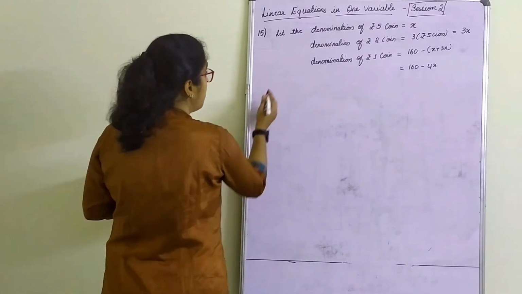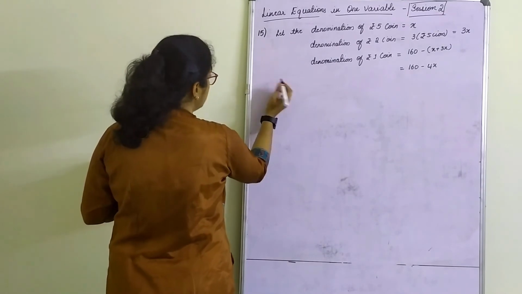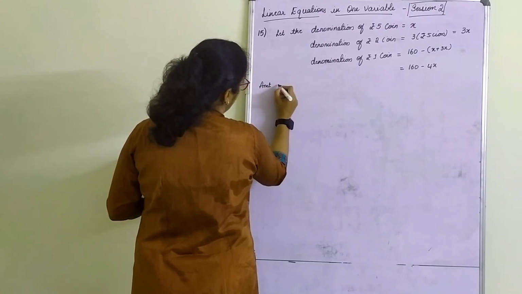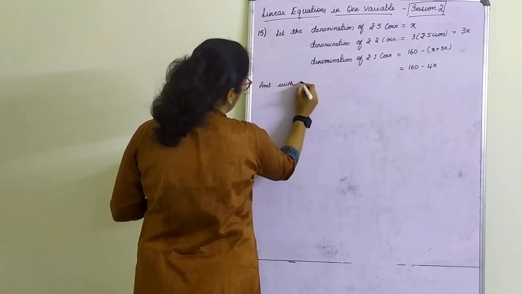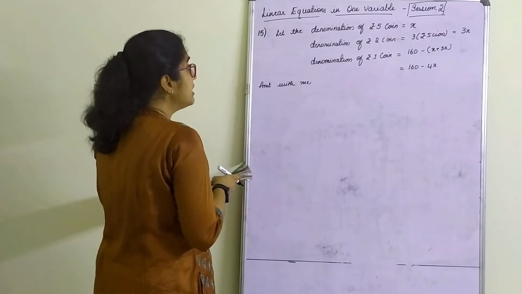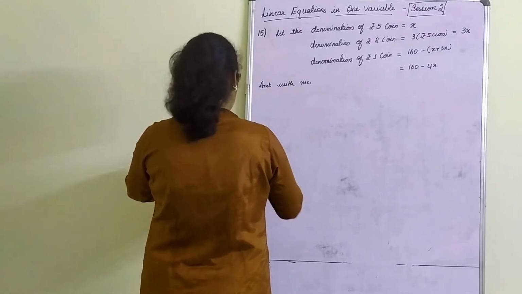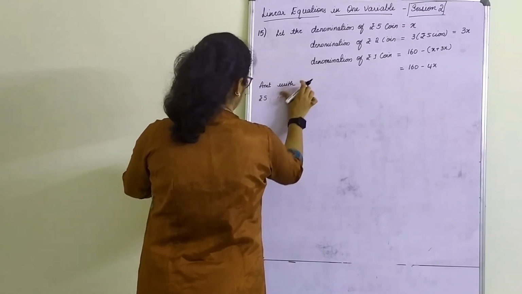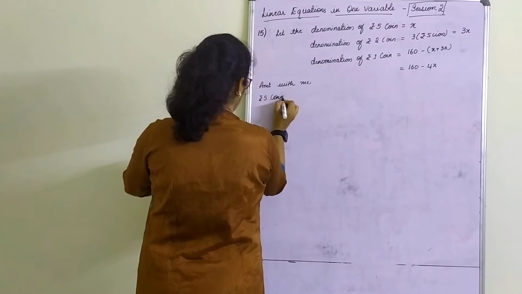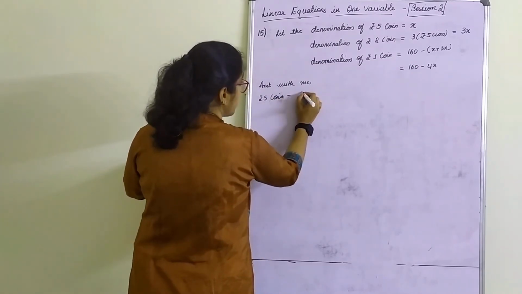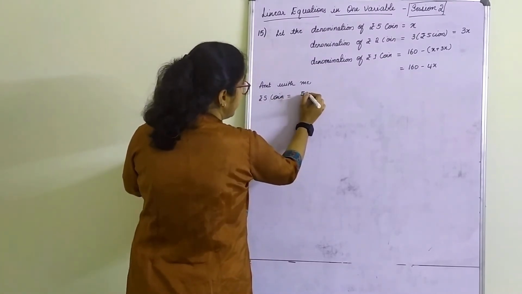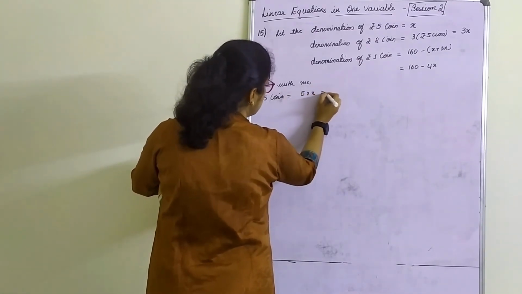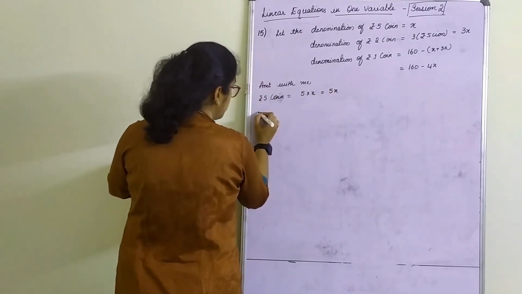Let me calculate the amount I have, the same thing we used in the previous part. Amount with me or amount I have. Whatever is given, let me check with the denomination part. 5 rupee coin is equal to, let's see, how many 5 rupee coins do I have? 5 into x, that is nothing but 5x.